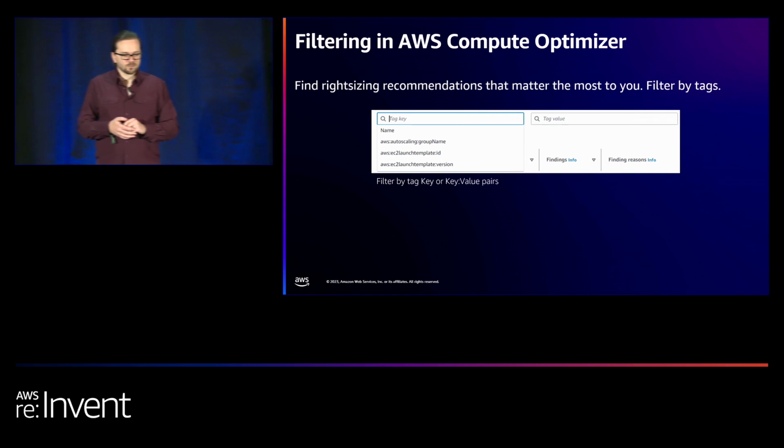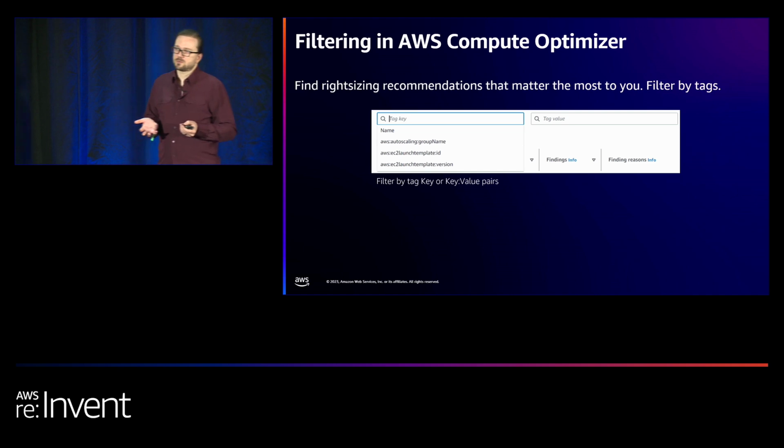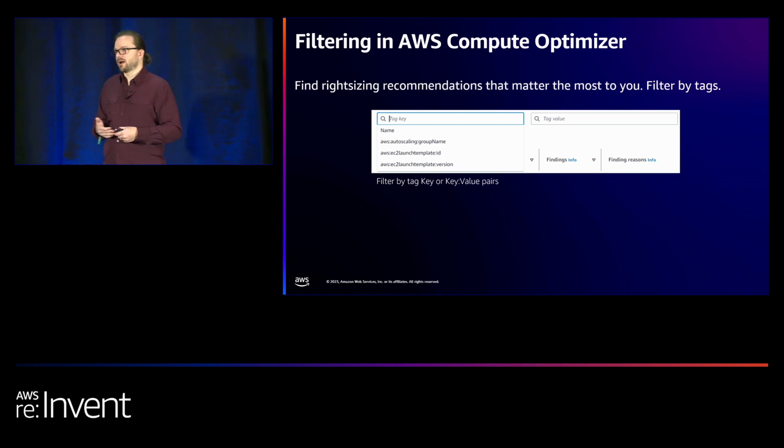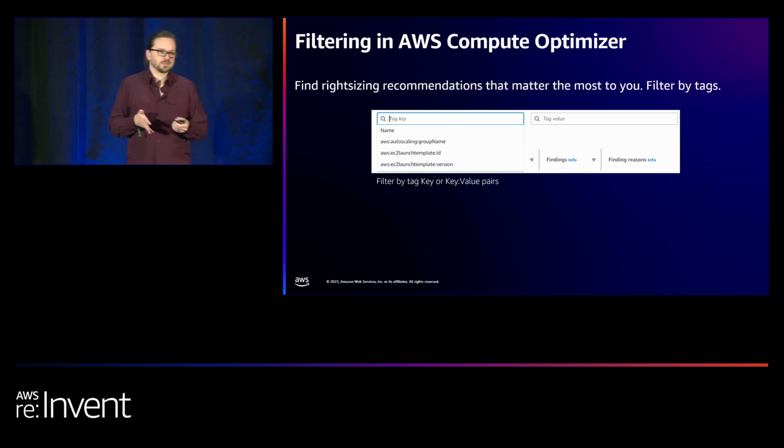So a little earlier this year, we launched an update that allows you to filter all of the recommendations in Compute Optimizer by your tags. This is useful because a lot of customers said it's difficult for us to go into Compute Optimizer and look at 1,000 recommendations. We'd like to break it down by organizational boundaries, and if I've tagged my resources by application or business unit, now they can filter these results down to just the recommendations for your business unit if you're using tags.